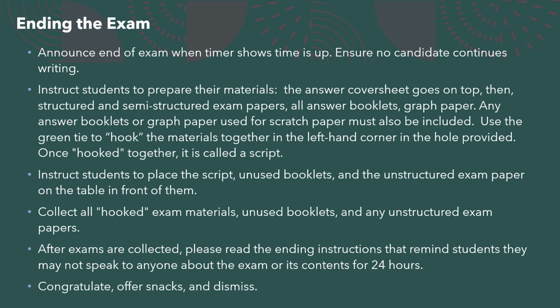And there's a little green tie that gets put through that left-hand corner in the hole that was provided on all those different documents. So they all are hooked together with this small green tie. Once it's hooked together, it is called a script.